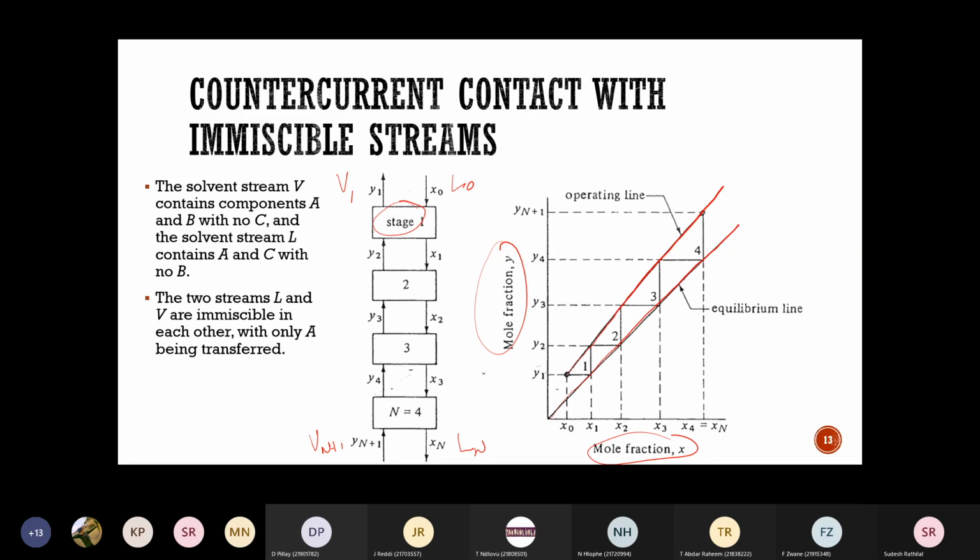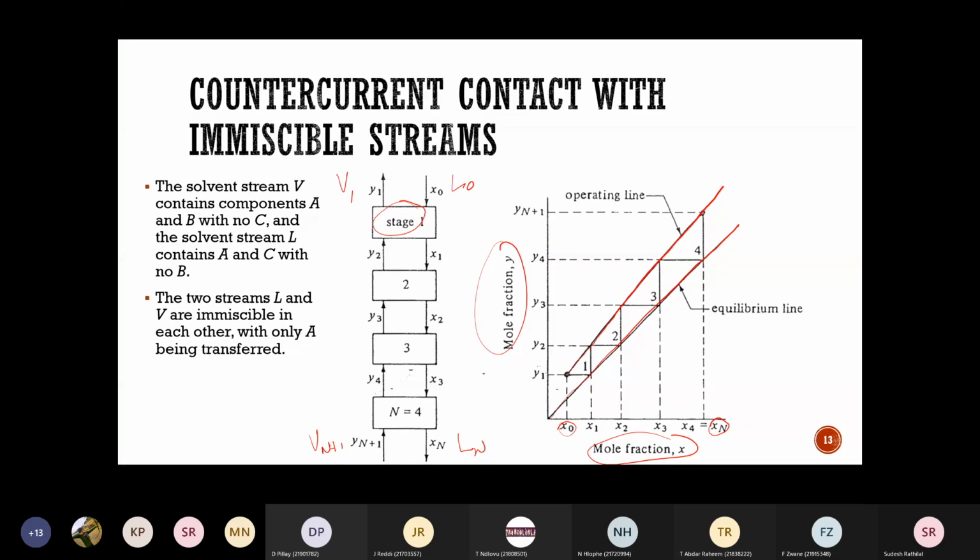If I want to work out how many stages I require in order to get a certain concentration. I'm starting off with a certain concentration x0, but at the end of my multiple stages, I want concentration xn. How many equilibrium stages do I need to get to xn?